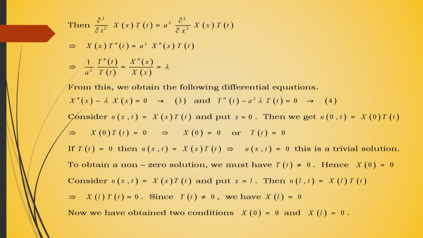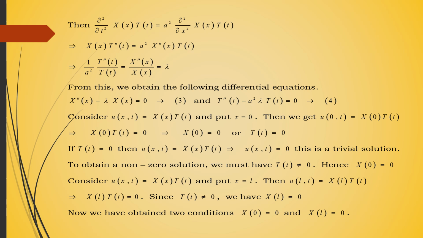Now we consider the solution u(x,t) = X(x)T(t), which is a product of a function of x and a function of t. Now we apply our first boundary condition u(0,t) = 0.